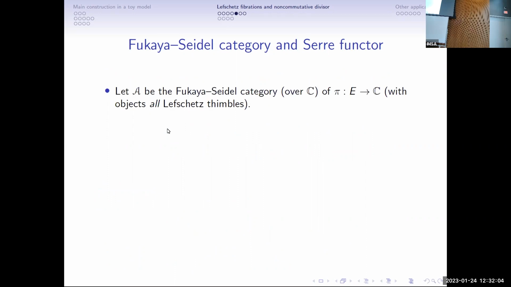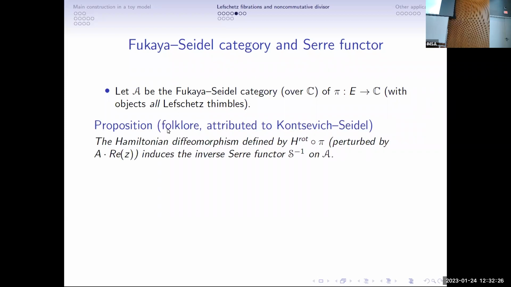Okay, so let me move to the open string counterpart. Because we're talking about Lefschetz fibrations, let's look at the Fukaya–Seidel category associated with this Lefschetz fibration. There are different conventions to define this category, but for us, we're just going to take the category such that the objects are given by all Lefschetz thimbles. So here's a proposition.